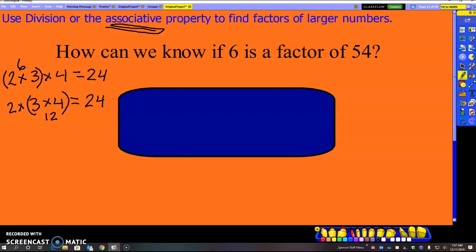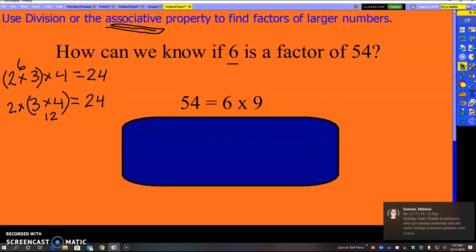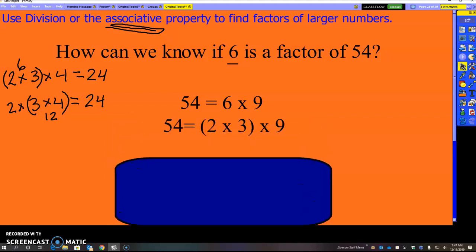A good example of this is finding the factor: is 6 a factor? Well, I can break this down. I have 54 equals 6 times 9. That's my fast fact. So if I know my fast fact here, I also know that 2 and 3 are going to be factors.